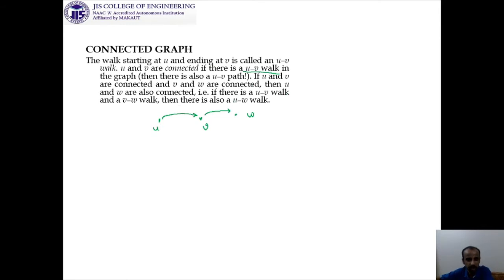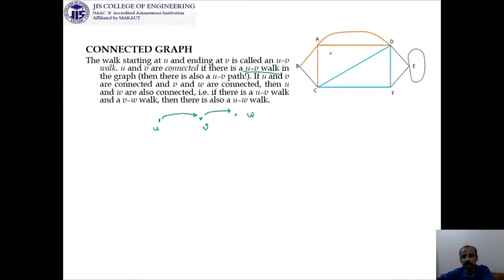It is a very basic but very important concept. If we consider this particular graph and think from A to F and from F to B, then obviously we can go from A to B, it is guaranteed. Even if this edge is absent, we can go from A to F, then F to B, that means from A to B.